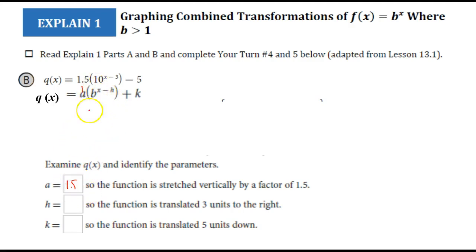Even though I don't put a space here, we're going to identify our b value, which is about 10. Our h value, which is 3, and our k value, which is about -5. We're going to use these numbers to find out what our points and our asymptote will be so that we can graph it.